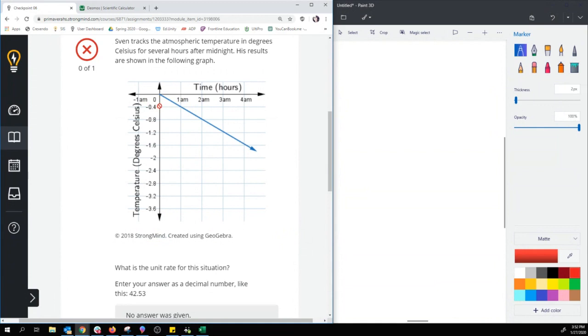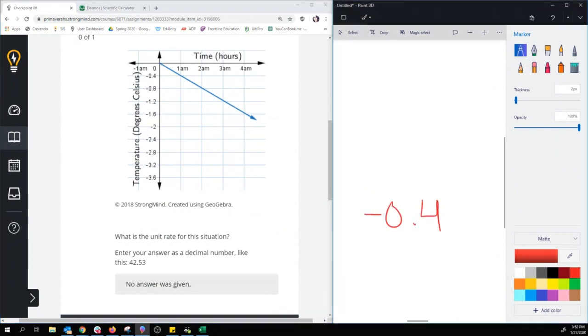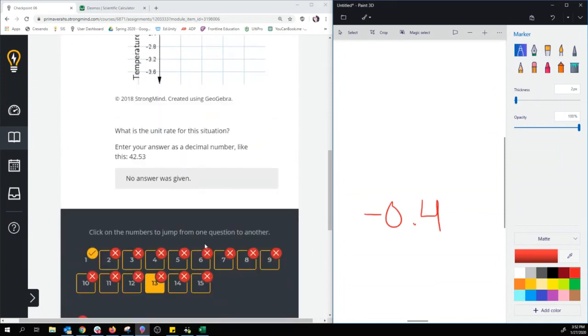Negative 0.4. Perfect. So the unit rate for this situation would be negative 0.4. And don't forget the negative sign when you're typing it in. Perfect. 2 more.